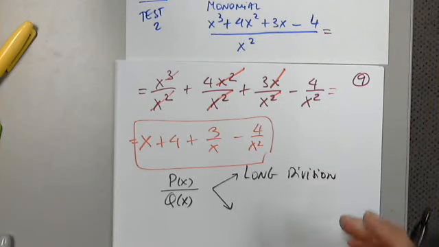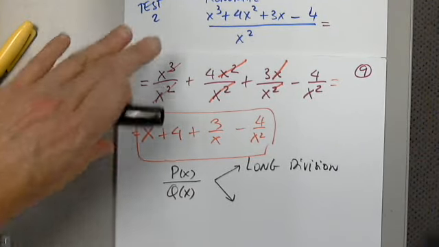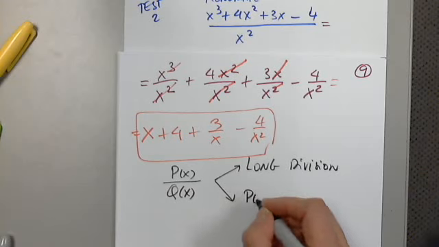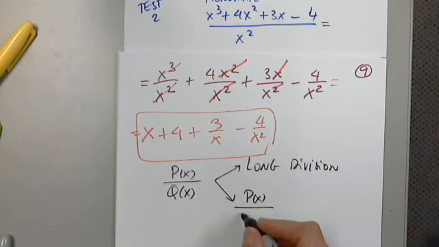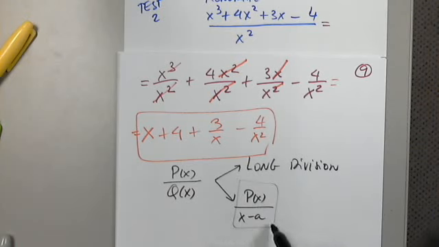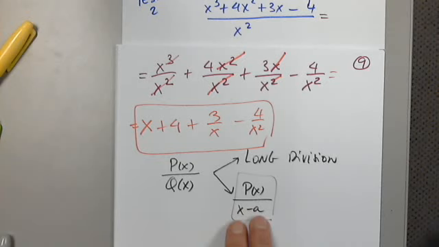Long division. So now there is another type of division, but this has limited applicability and only when the denominator is a binomial and it has to have degree 1. It must be a linear polynomial, degree 1.